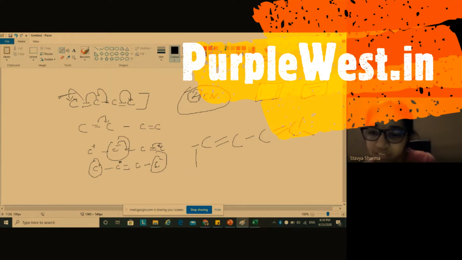This is happening on its own, and it is readily interconvertible, and therefore it is a mesomeric effect or resonance effect. But if this change, becoming positive or negative here, is happening because a group is coming to attack them, then it is called the electromeric effect. Now coming down to the resonance effect quickly.